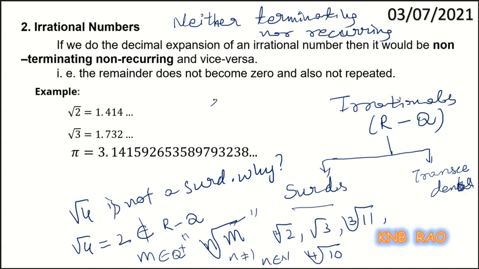In the previous slide I showed S as 0.010110110 and so on. This is a transcendental irrational number. Every surd can be converted into a decimal expansion of the form non-terminating, non-recurring, but a decimal expansion of non-terminating, non-recurring form cannot be converted into surd form.